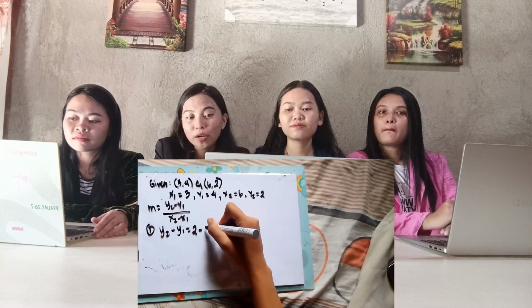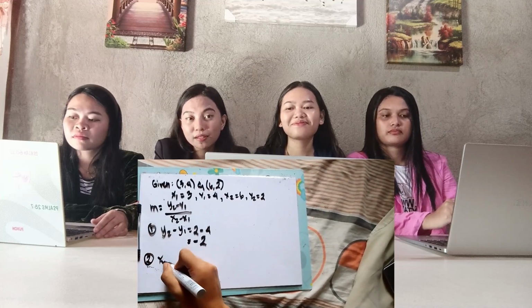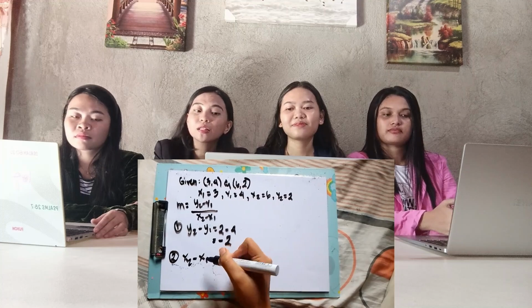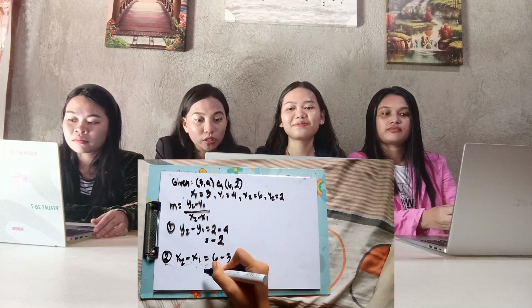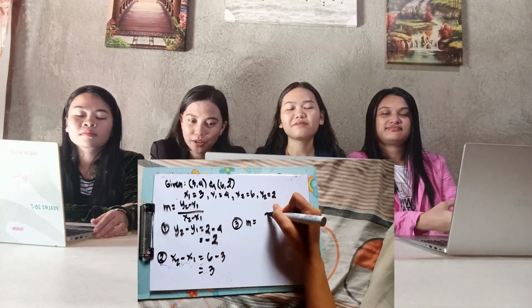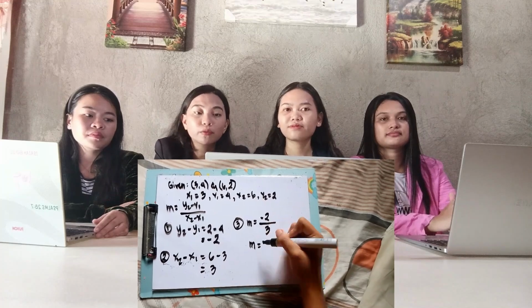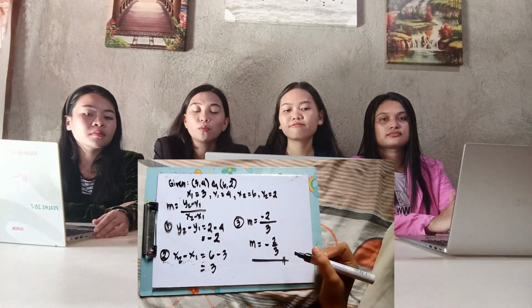Y sub 2 minus y sub 1 equals 2 minus 4 equals negative 2. Now x sub 2 minus x sub 1 equals 6 minus 3 equals 3. So the slope is negative 2 over 3. This negative slope tells us that for every 3 units we move right, we move 2 units down.